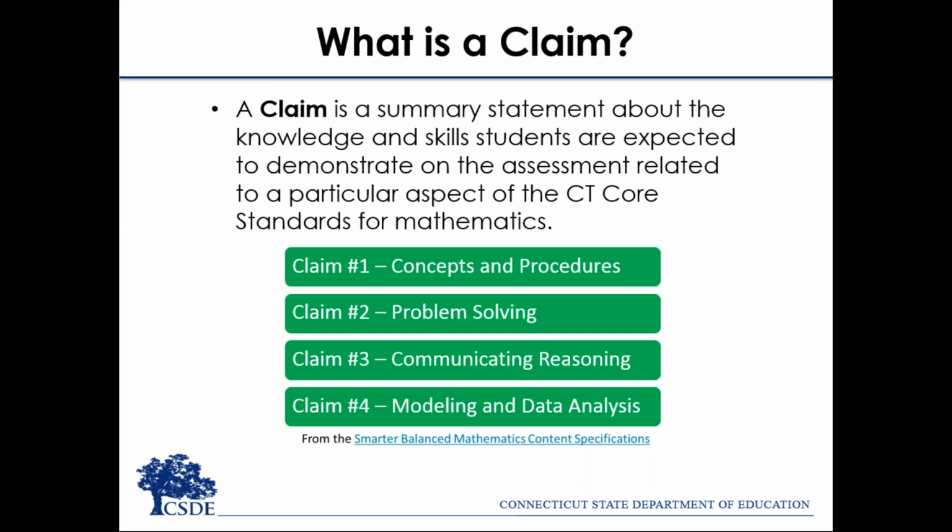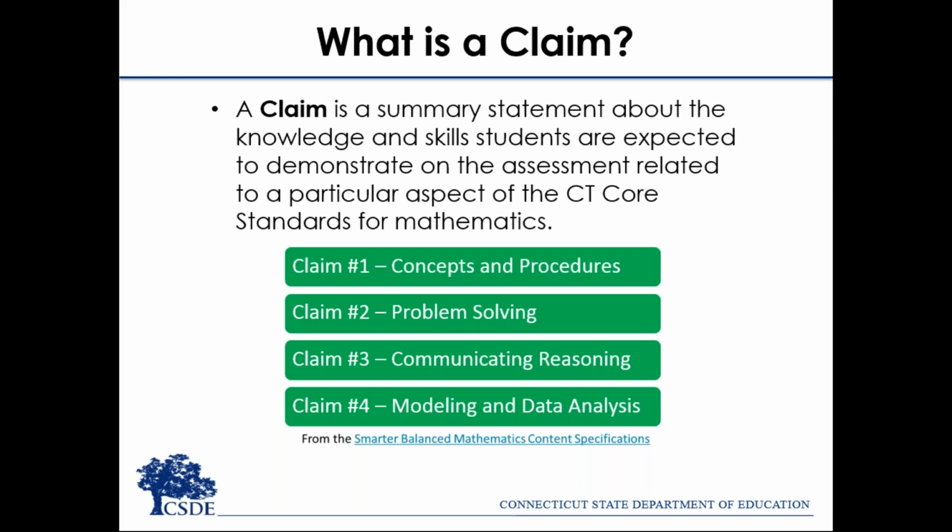Claim 3 is communicating reasoning, which measures the extent to which students can clearly and precisely construct viable arguments to support their own reasoning and critique the reasoning of others. And finally, Claim 4 is modeling and data analysis. That measures the extent to which students can analyze complex, real-world scenarios and can construct and use mathematical models to interpret and solve problems.